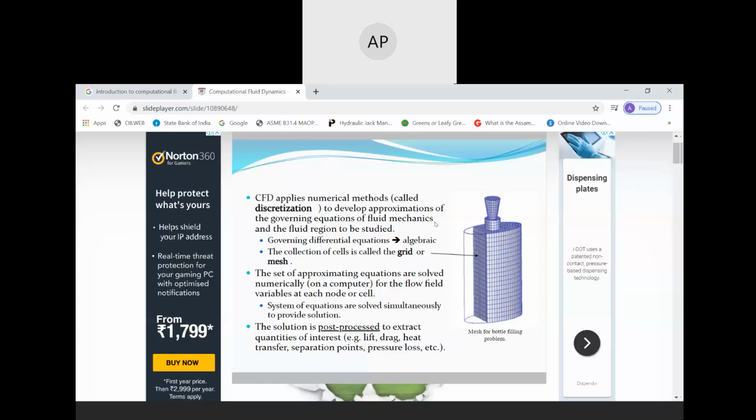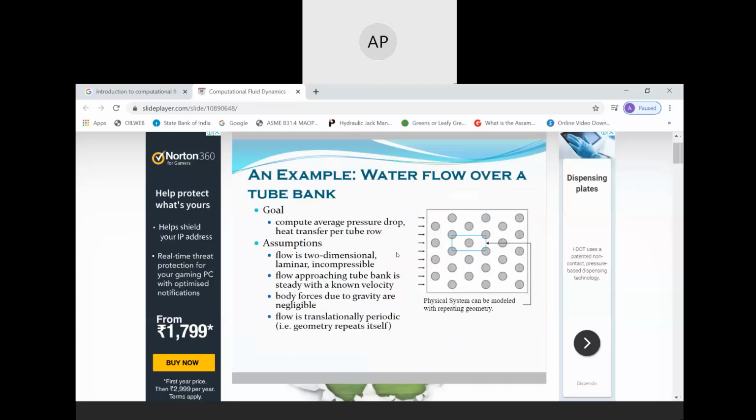The set of approximating equations is solved numerically for the flow field variables at each node or cell. The solution is post-processed to extract quantities. Example, water flow over a tube bank. The physical system can be modeled, so we have to analyze the model in CFD.